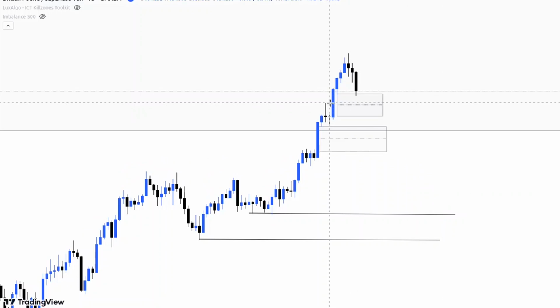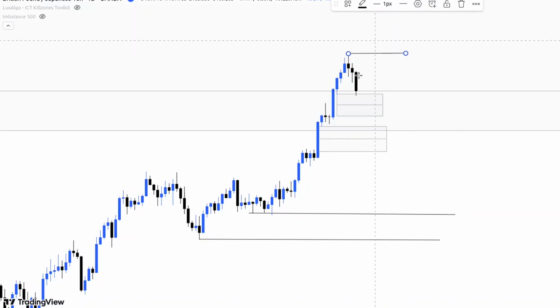First of all, we have to wait to see if this fair value gap will be respected or disrespected. We have a high here. I will likely wait for this high to be manipulated before I take my trade.